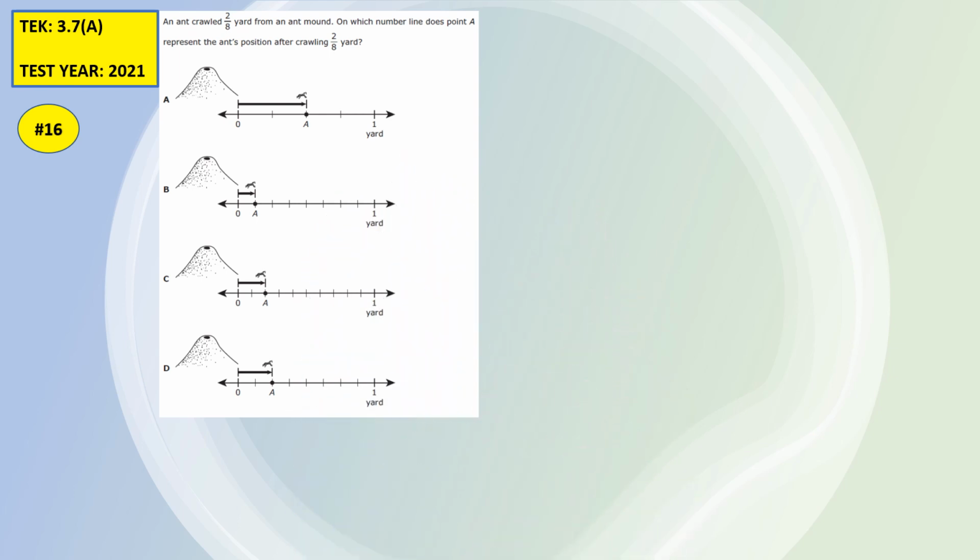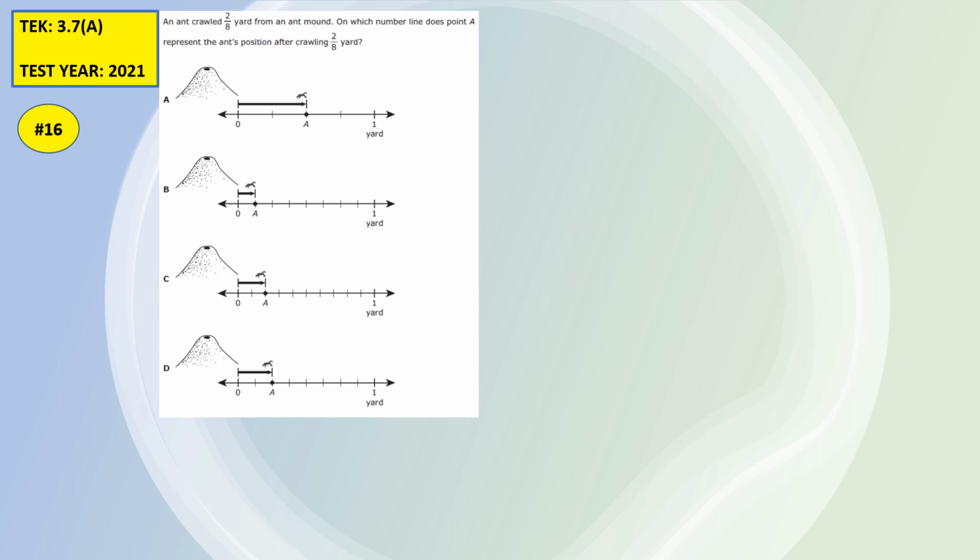Okay, number 16 says, an ant crawled 2/8 yard from an ant mound. Started at the ant mound and crawled 2/8. On which number line does point A, the dot with the A below it, represent the ant's position after crawling 2/8 of a yard?